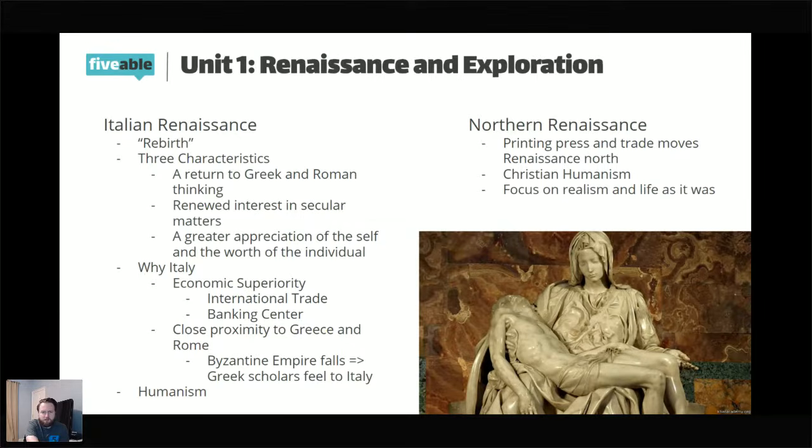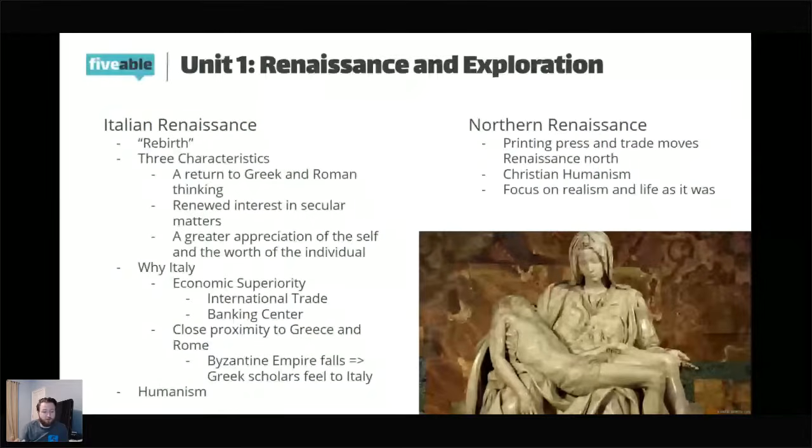And then when we think about the art of the Northern Renaissance, it's a bigger focus on realism. It's a bigger focus on showing life as it actually was. Peter Bruegel is a really good example of a Northern Renaissance artist who focuses on life as it was. Albrecht Dürer is probably the most famous of the Northern Renaissance artists. He's a big focus on realism, but also morbid realism.